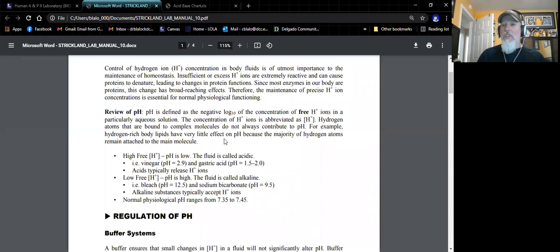Bleach has a pH of about 12.5, and there are alkaline solutions that have a pH higher than that. Think about what bleach can do to your tissues or to your skin, how damaging it is. So you can imagine that something even more alkaline than that could also cause burns. So we can have alkaline burns and we can have acidic burns.